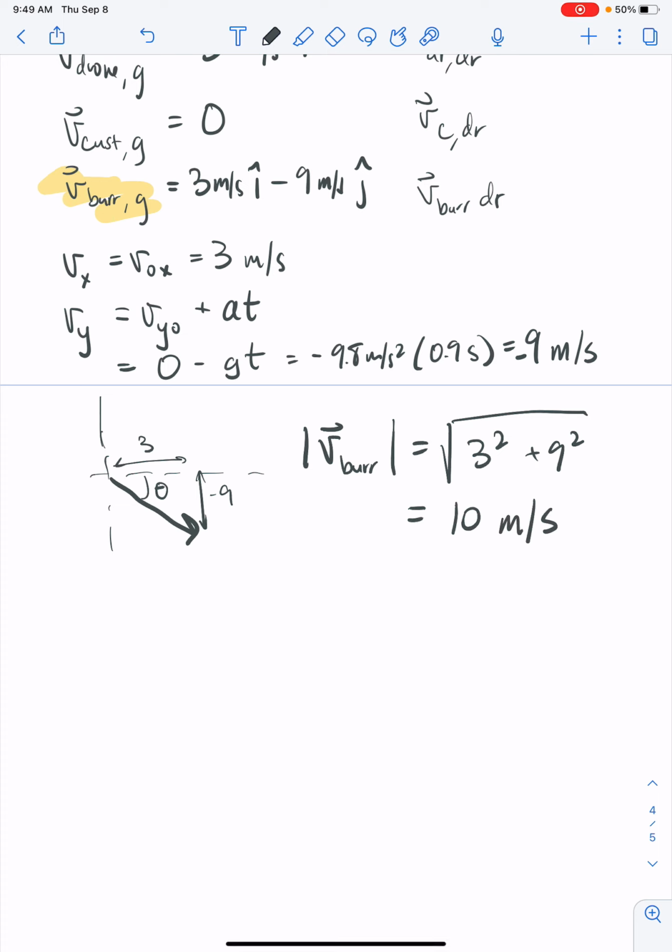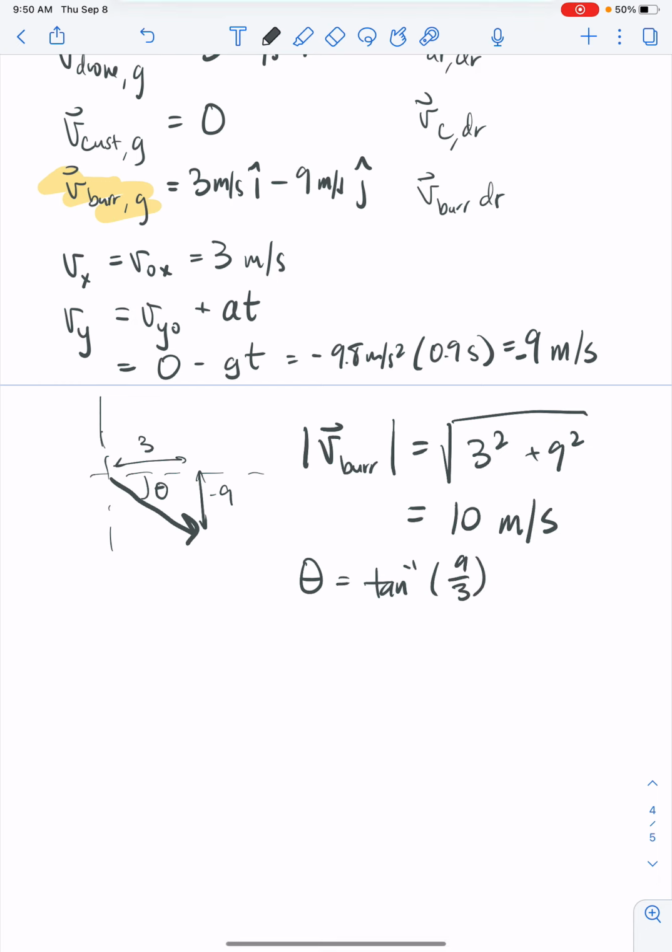We just have one significant figure here. And then that angle is going to be the inverse tangent of 9 over 3.